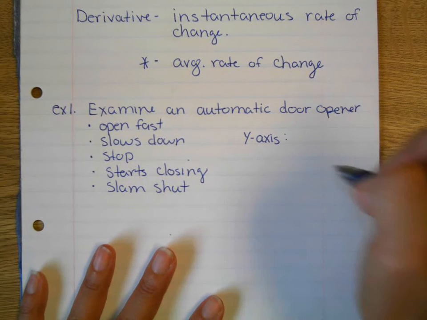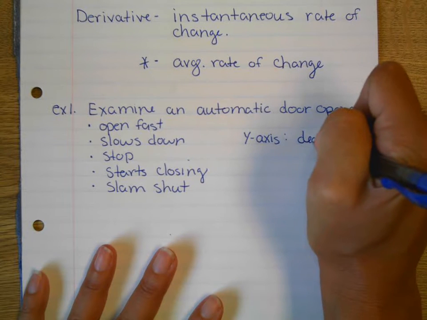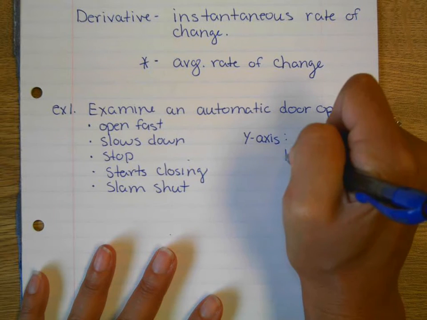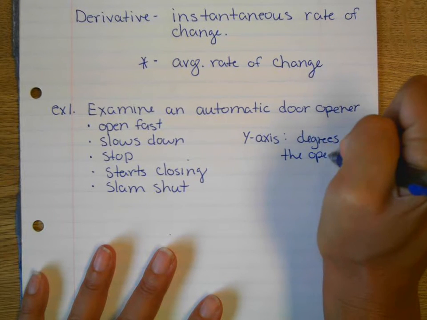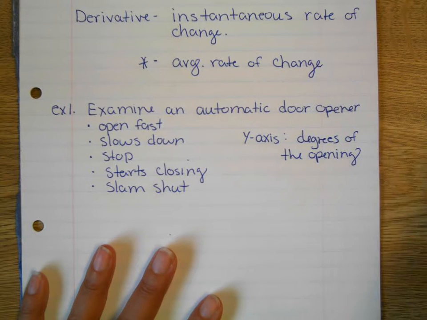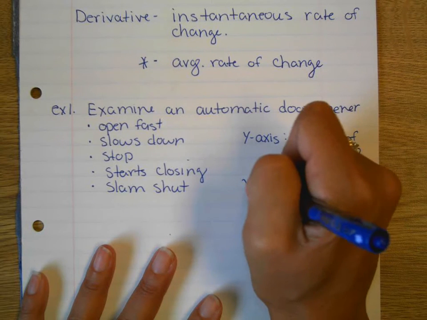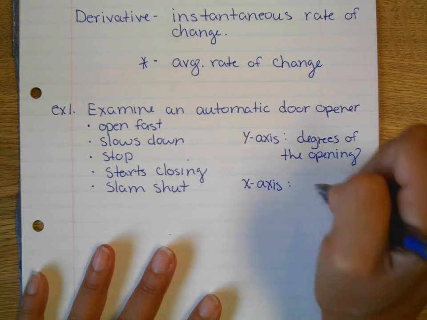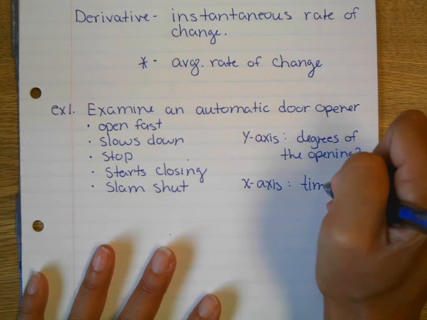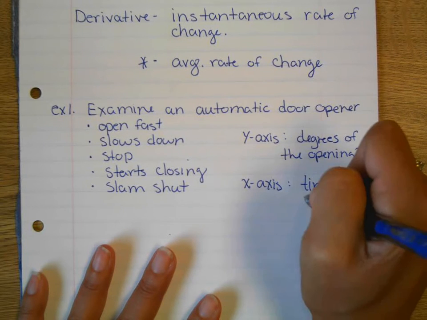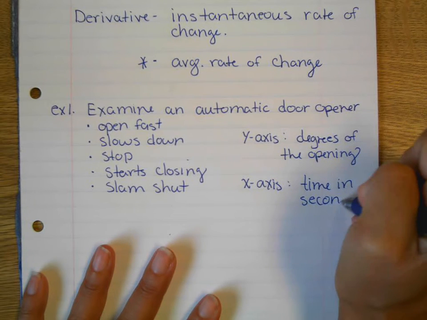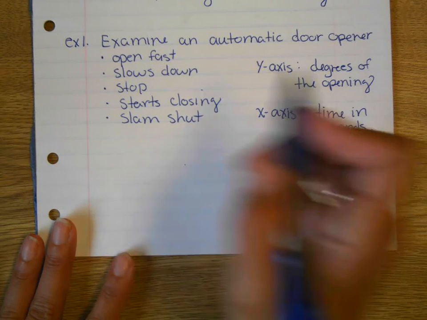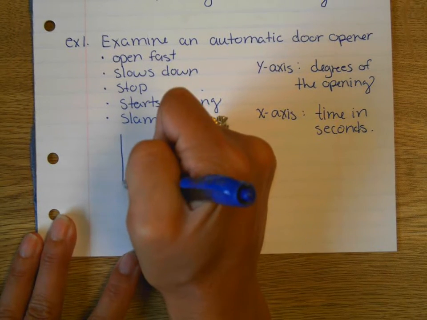So the y-axis is going to be the degrees of the opening, and then the x-axis will be the time in seconds since you hit the button. And we're just going to make a rough sketch of what this might look like.